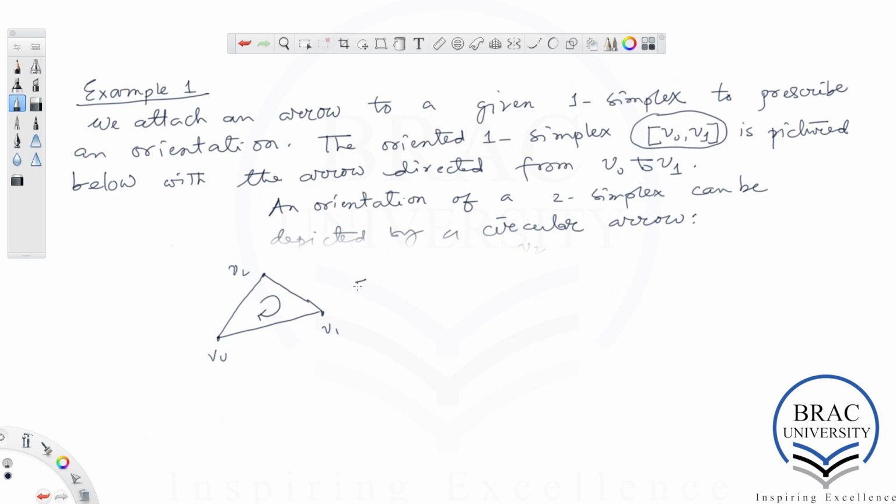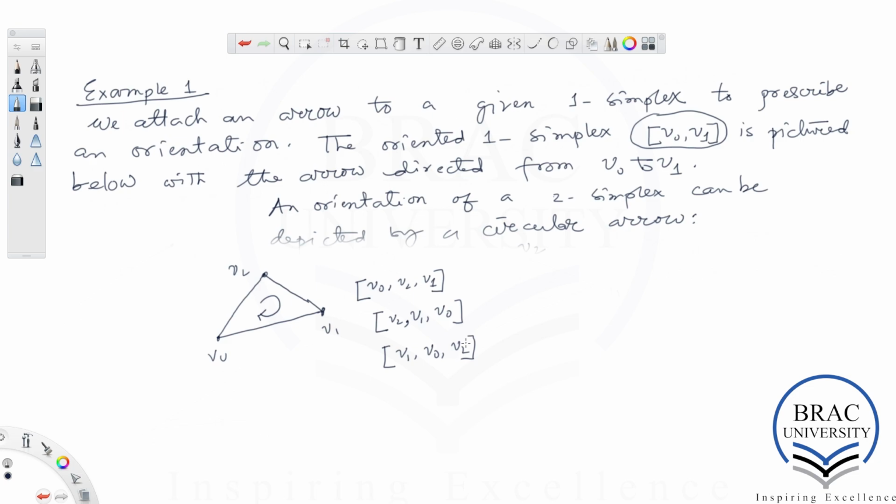This two simplex is denoted by v0, v2, v1. The same simplex can be denoted by, say, v2, v1, v0, or v1, v0, v2. They are all equivalent. They represent the same two simplex.